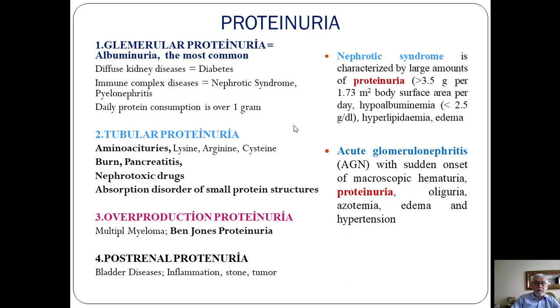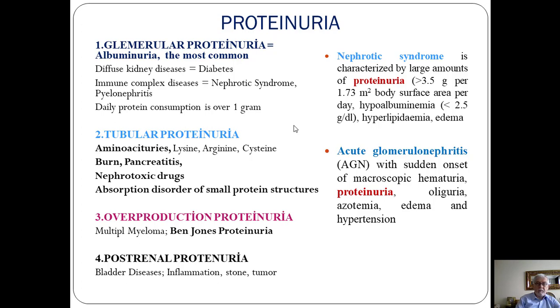When you look at the reasons for proteinuria, which problems can cause proteinuria, the first one is glomerular proteinuria. Glomerular proteinuria is called albuminuria, and diffuse kidney disease such as diabetes causes albuminuria.